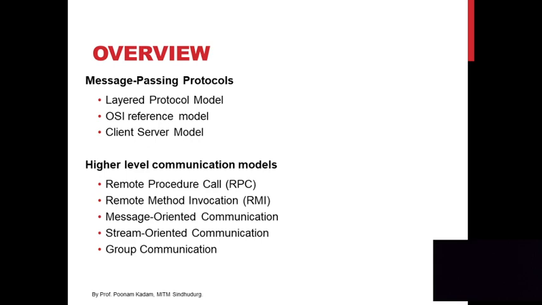That is remote procedure call, RPC, remote method invocation, that is RMI, then message oriented communication and stream oriented communication. These are the types of communication based on what kind of data you are going to transfer. And the last one is remote communication.